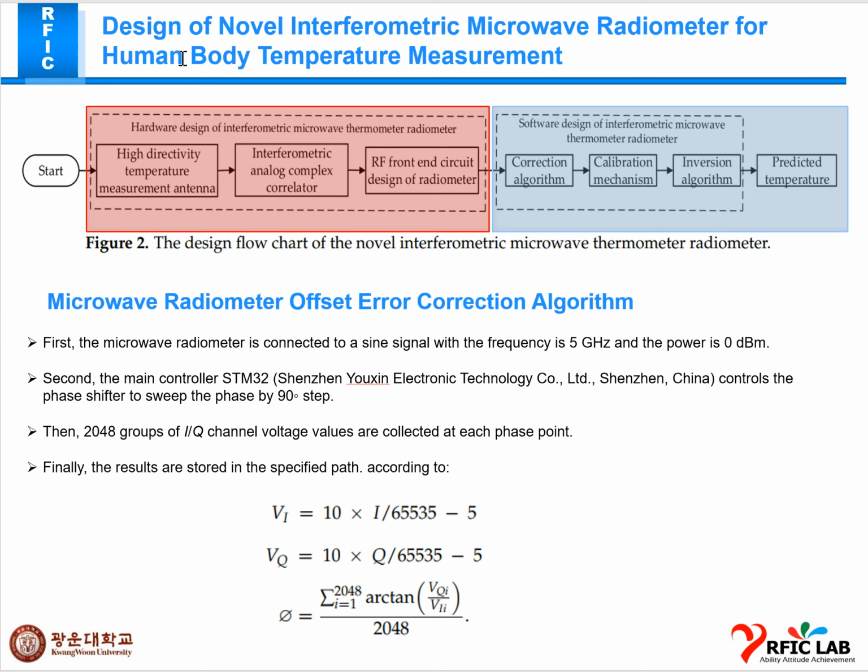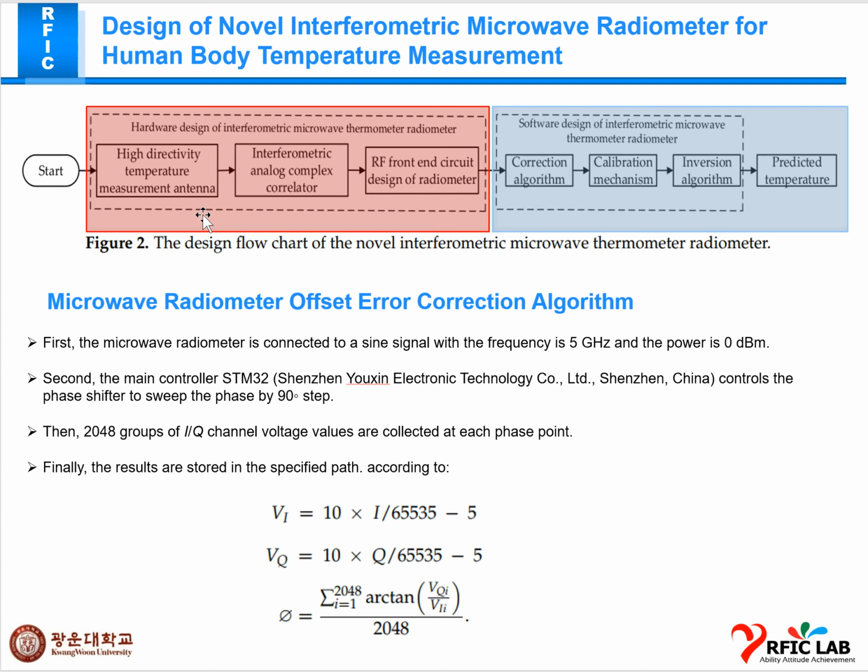And this is the design flow chart of the novel interferometric microwave thermometer. It starts, then it is divided into two sections: first hardware design, and then software design. The hardware is described in three sections: high detective temperature measurement antenna, interferometric analog correlator, and RF front end circuit design of the radiometer.